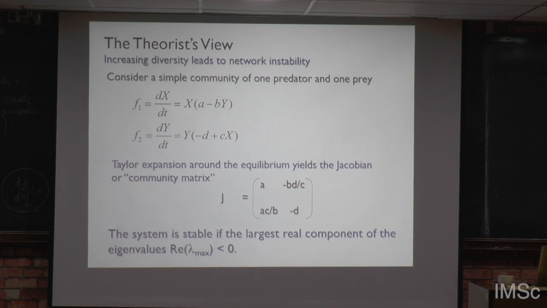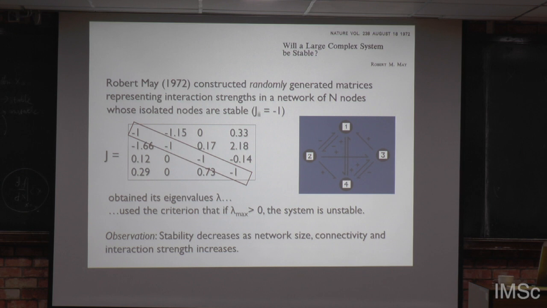Can you guess? Sorry? Oscillations, but what kind, right? Because I said negative real part. So it would decay, but in a decaying oscillation manner, right? And similarly, if you have a positive real part and an imaginary part, that means it would grow, but it will increase in an oscillatory manner, right? Correct. Okay.